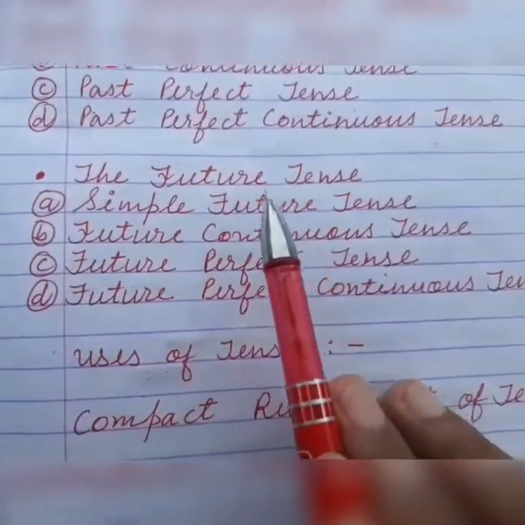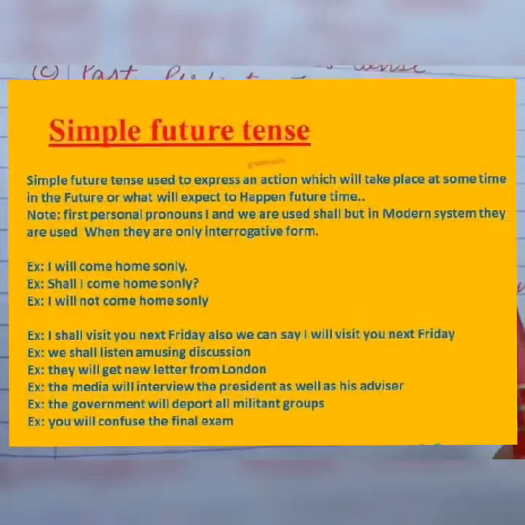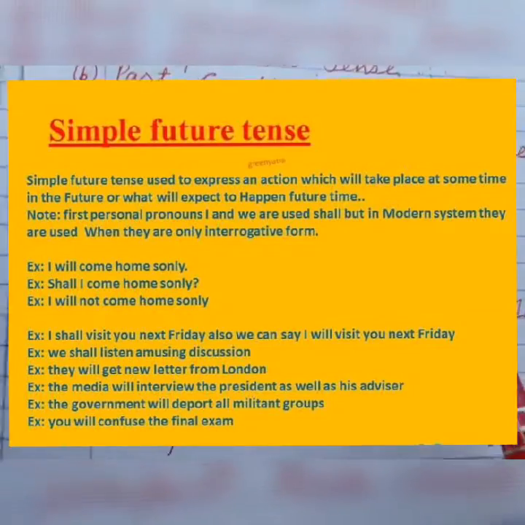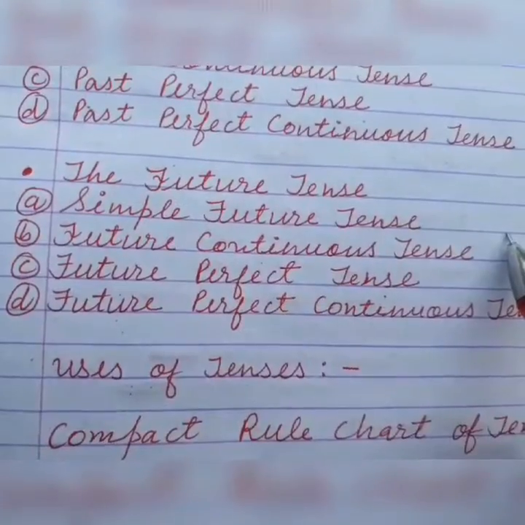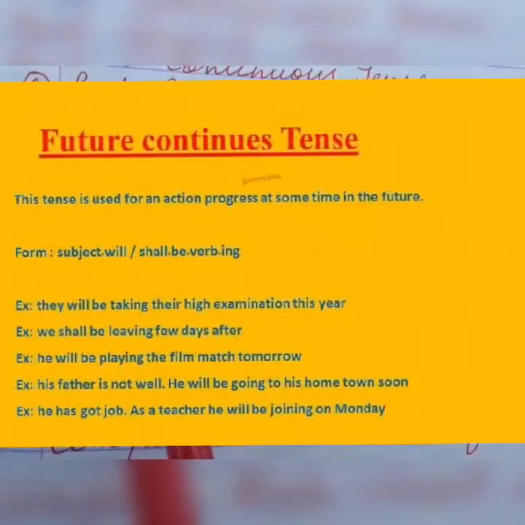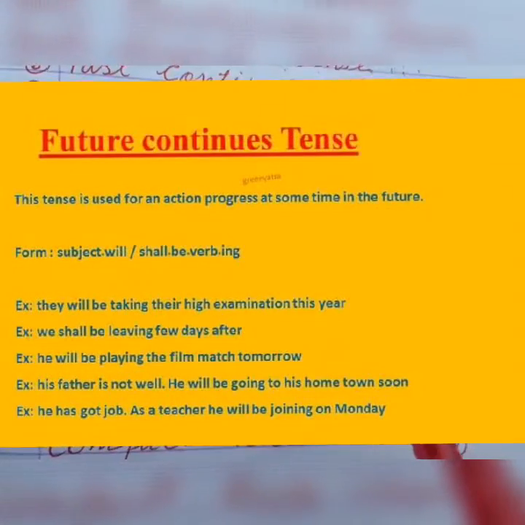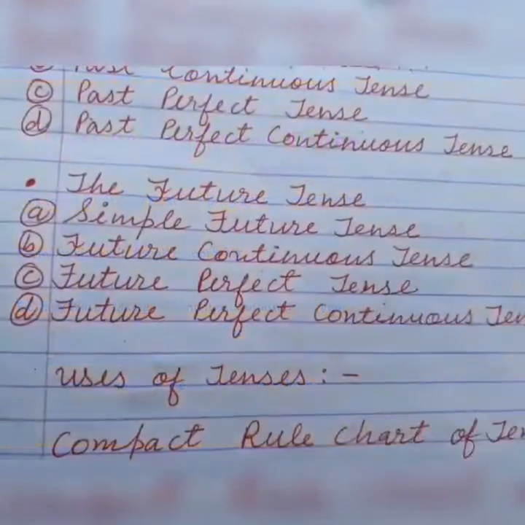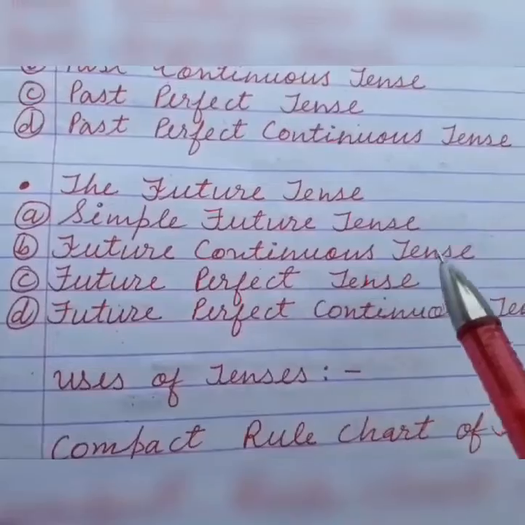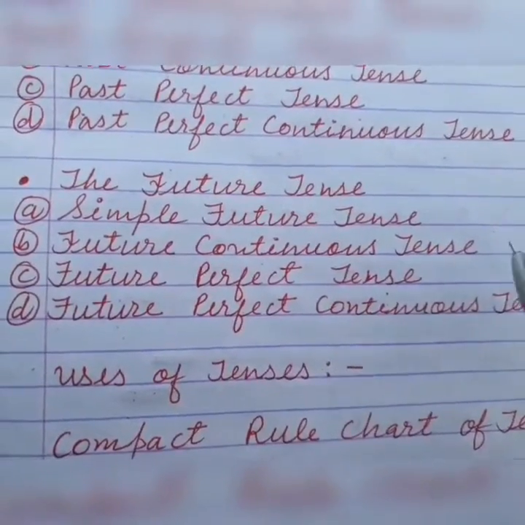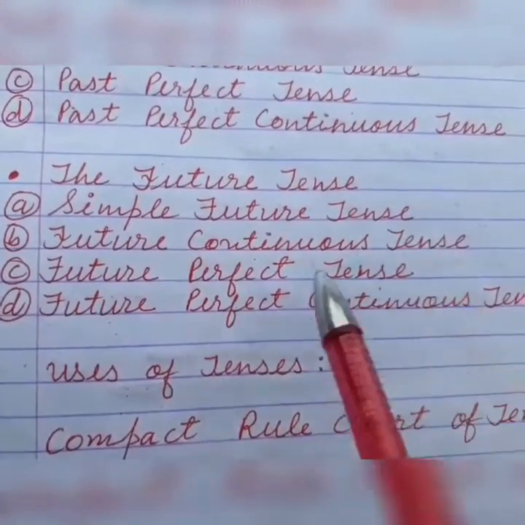And now come to the future tense, simple future tense. If any work is going to take place in future time, then you use simple future. Future continuous, if any work is going to be in progress, or will be temporarily done in future, then you use future continuous.